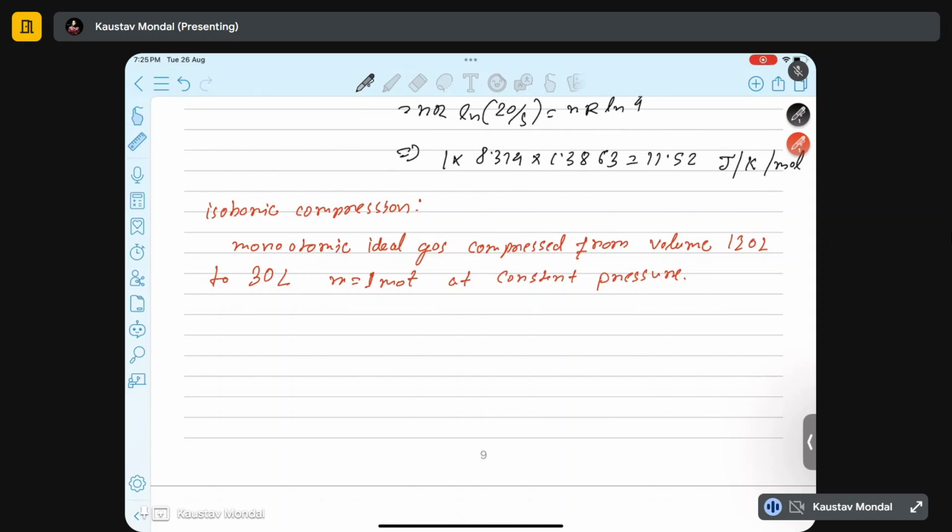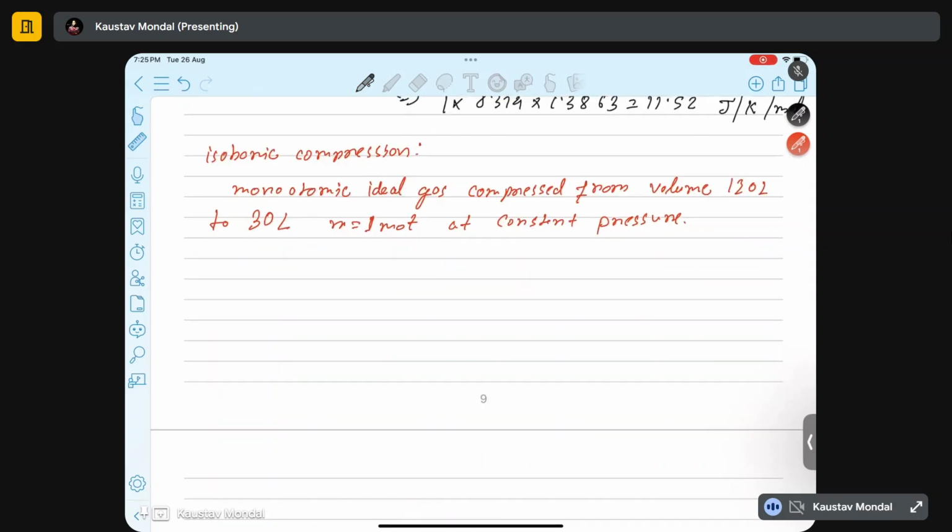Now for this case, similar way, the change in entropy delta S would be, here the VF is 30 liter and VI is 120 liter, so it's compressed, right? Similar way, delta S would be NR ln of VF by VI.